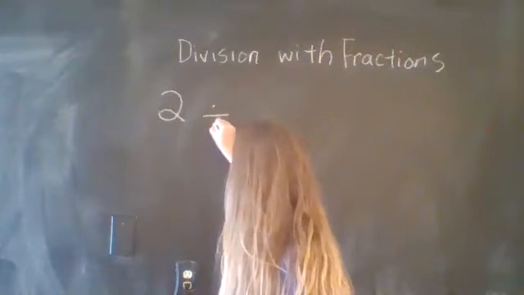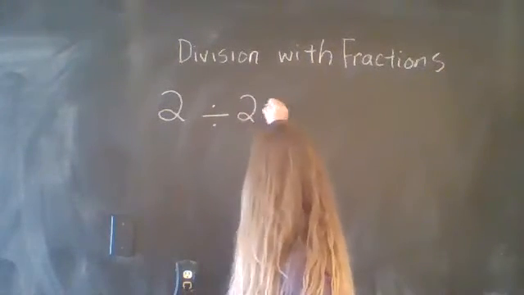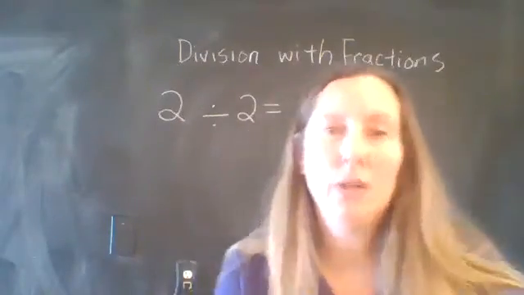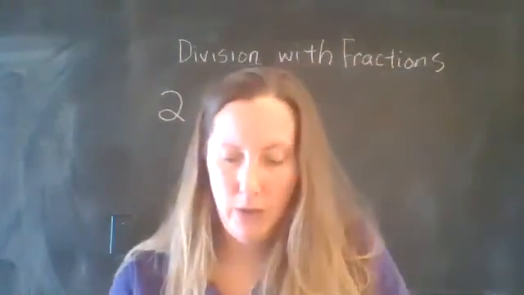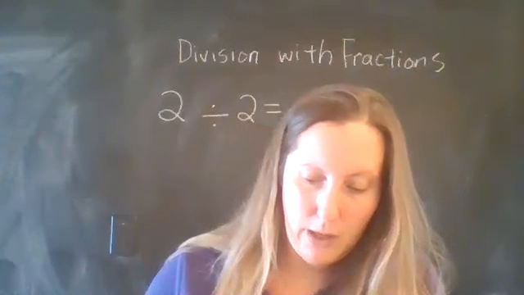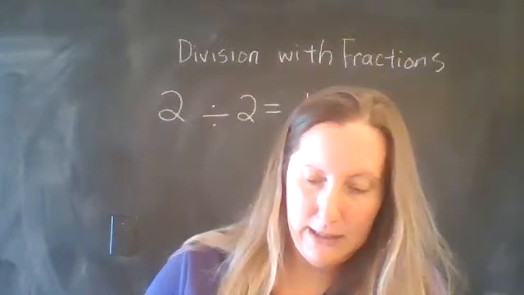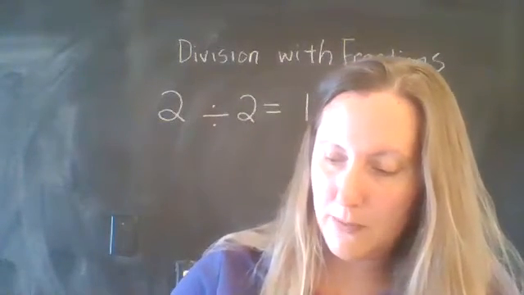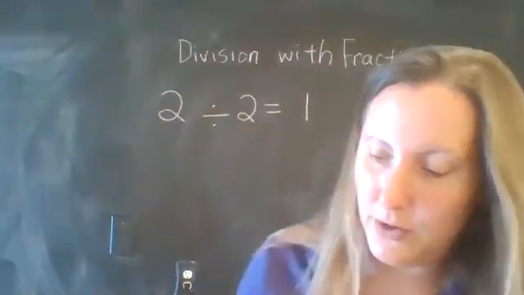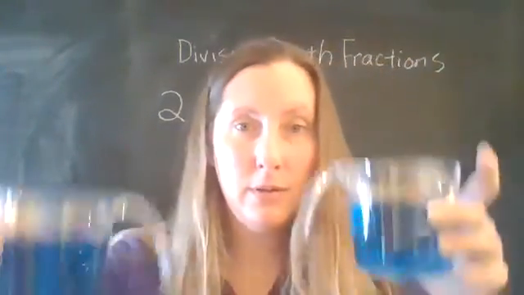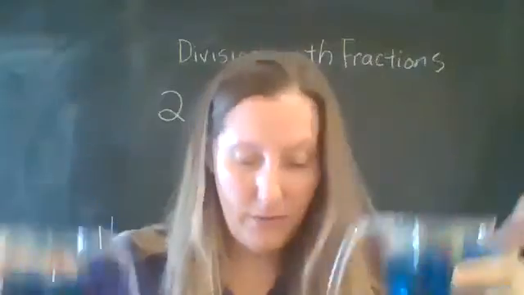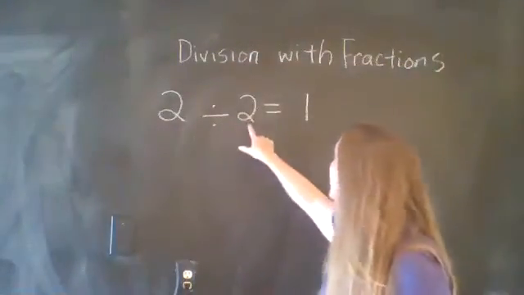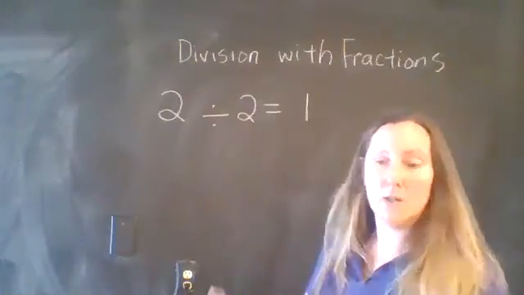So if we take 2 and we divide it by 2, we know that our answer is going to be 1. You know that if you take 2 cups of a liquid and you divide it into 2 different measuring cups, right? 2 divided by 2 is going to equal 1.